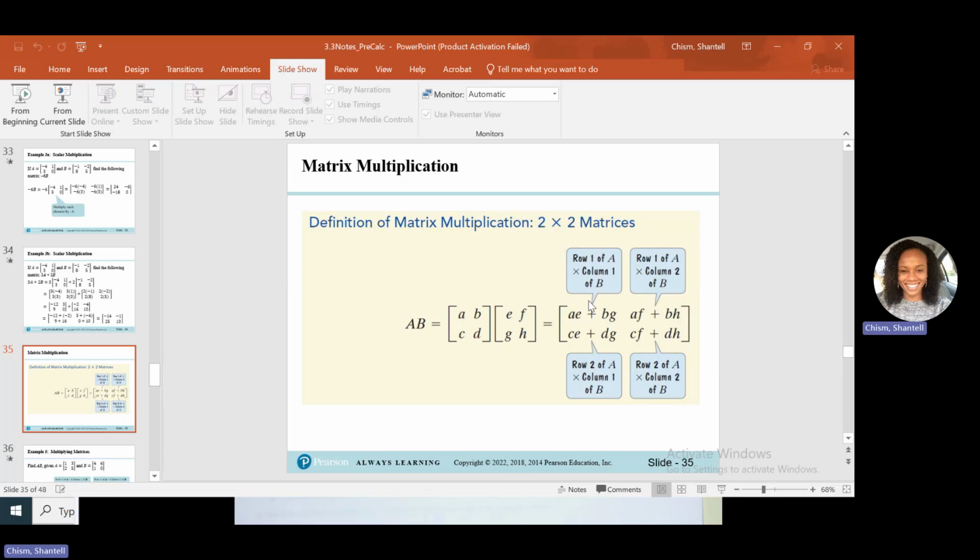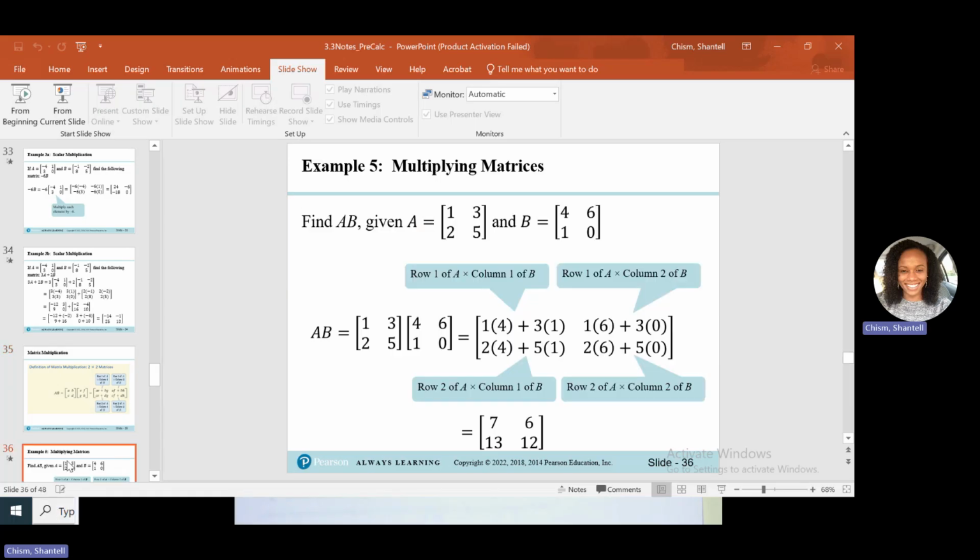Now, you can do this on the calculator as well. You do not have to do this by hand, but I wanted you to see how it's found, because if the columns of the first one don't match the rows of the second, then you can't multiply them and the calculator will tell you error. So let's take a look at an example here, and then we'll look at it on the calculator as well.